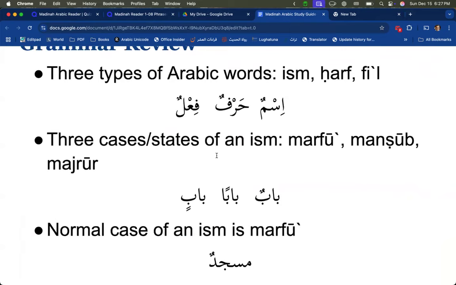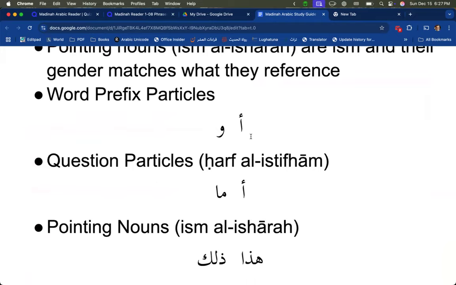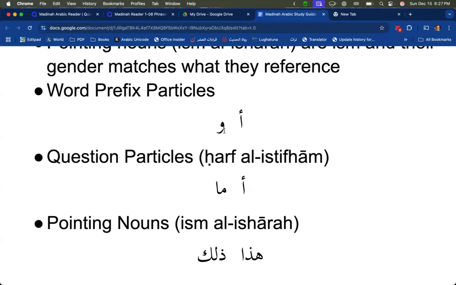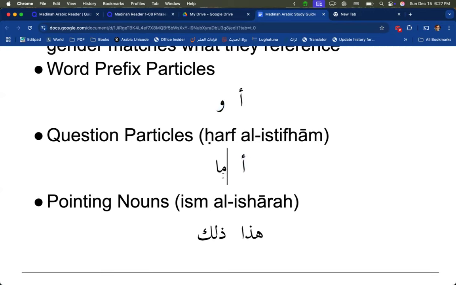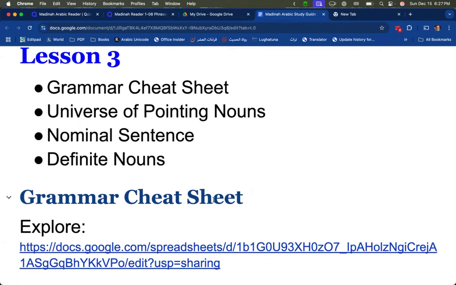Then, so here's the grammar review. We already did this. Word prefixes, and we also learned in lesson one what to say and, right? Question particles and ma, and pointing nouns hada and dhalika. All right. Lesson three. I think that was lesson one and two. So in lesson three, we learned about the nominal sentence, meaning the jumla ismiya.